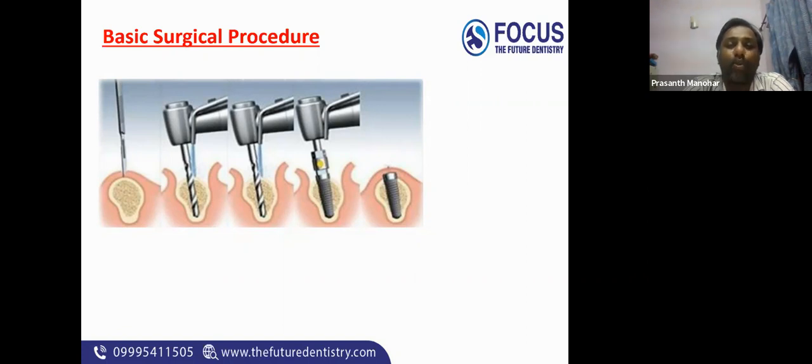If you are placing a 4 mm implant, we will drill till 3.8. After that, we will place the 4 mm implant. The drill will be slightly less than the implant size so that we will get a primary grip over the bone. Understood?